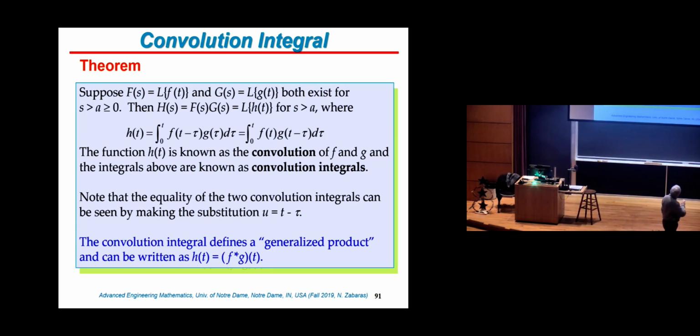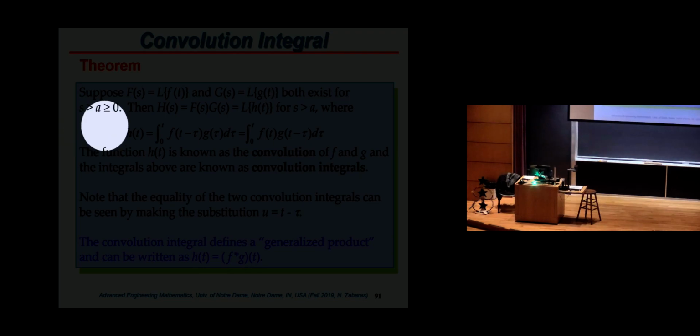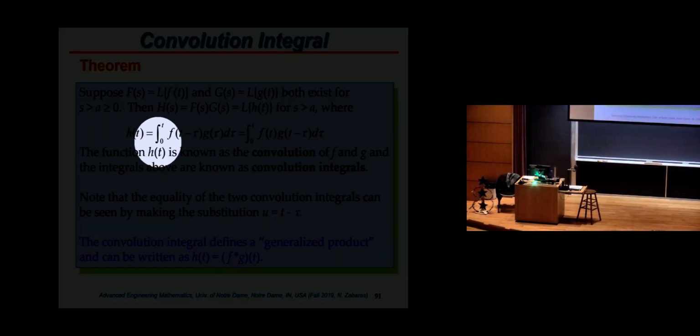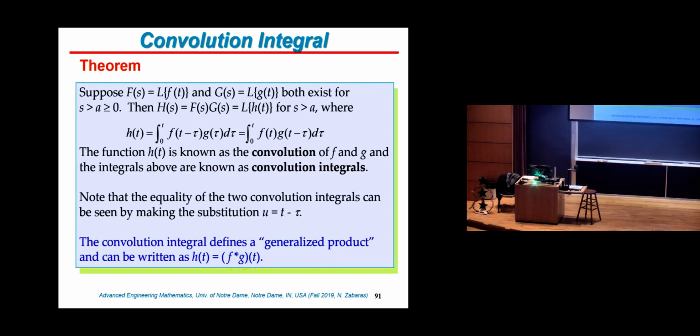So the idea again is, if F of t is the function corresponding to F of S, and G of t the function corresponding to G of S, then the function corresponding to their product is this function h of t, which is the convolution. So I'm convoluting f and g, all right? This is my kernel function. And you can actually reverse the role of f and g. These two integrals are the same. They're identical, okay?